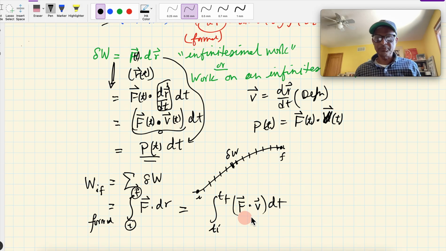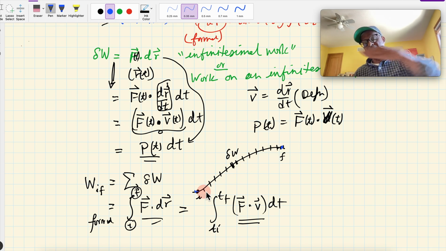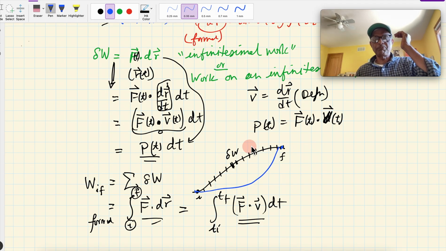So if somehow I know this, this will be the dr vector. So these are a couple of ways of thinking about force, but what we'll find is, if I go from I to F, but rather than going on this path, suppose I went this way, like that. So this was path 1, but it went on path 2.